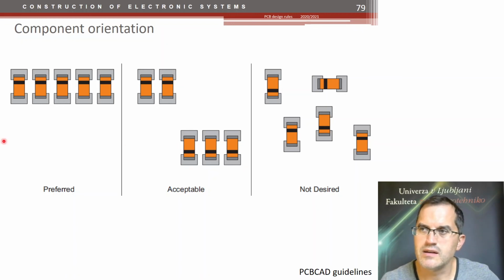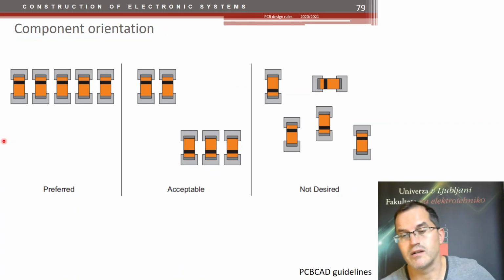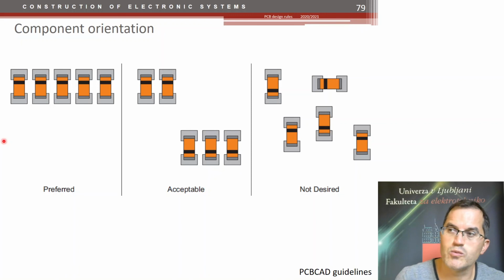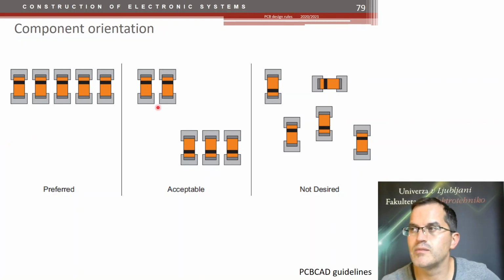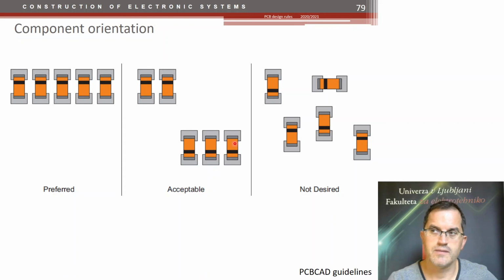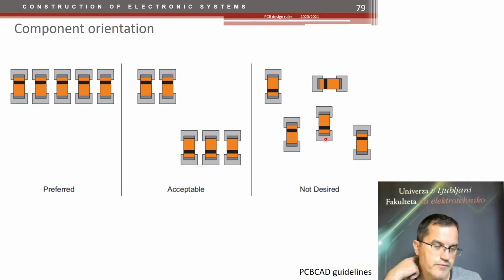I mean, here you see that it's good to have some sort of order in the component placement, that all components, if possible, are oriented in the same way. If they cannot be oriented the same way, they might be just grouped together, not just thrown on the PCB like you would throw a bunch of, I don't know what, corn.